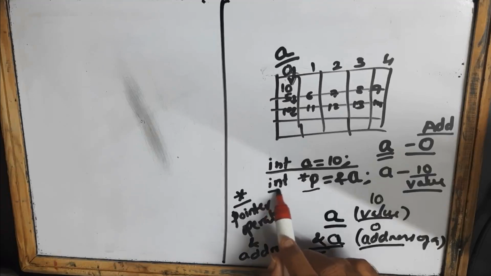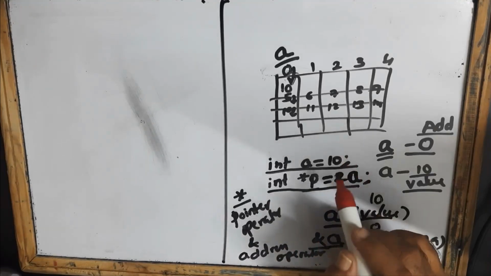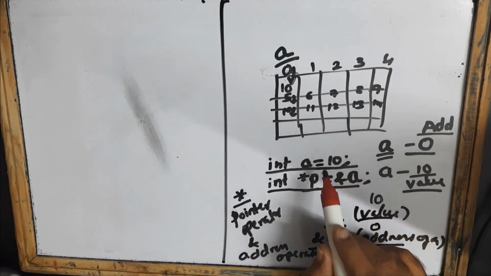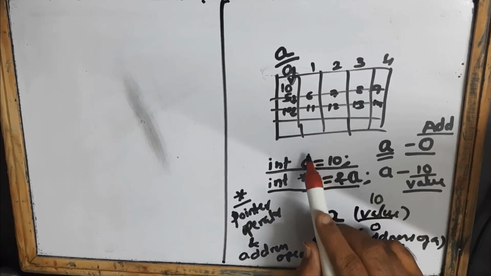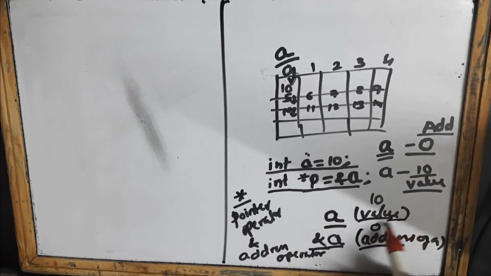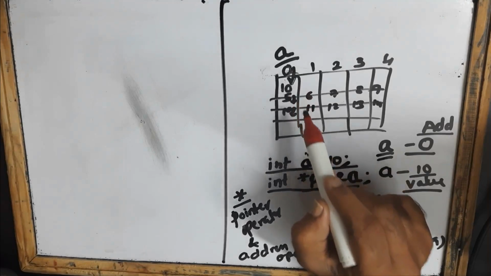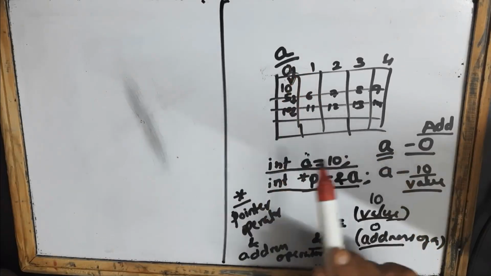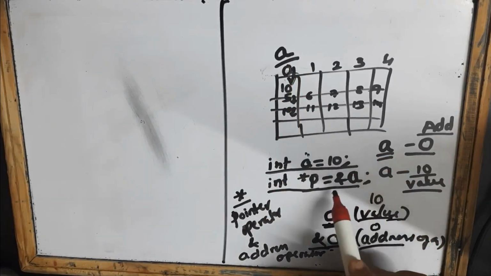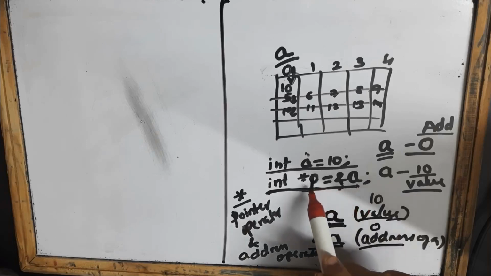Now you have int star P is equal to ampersand A. Now you need a pointer to reference A. You can reference A's value directly with A, and ampersand A is the address of A. If you want to reference using a pointer, you need to reference 0, that is ampersand A. In this line, the address of A is assigned to the pointer.